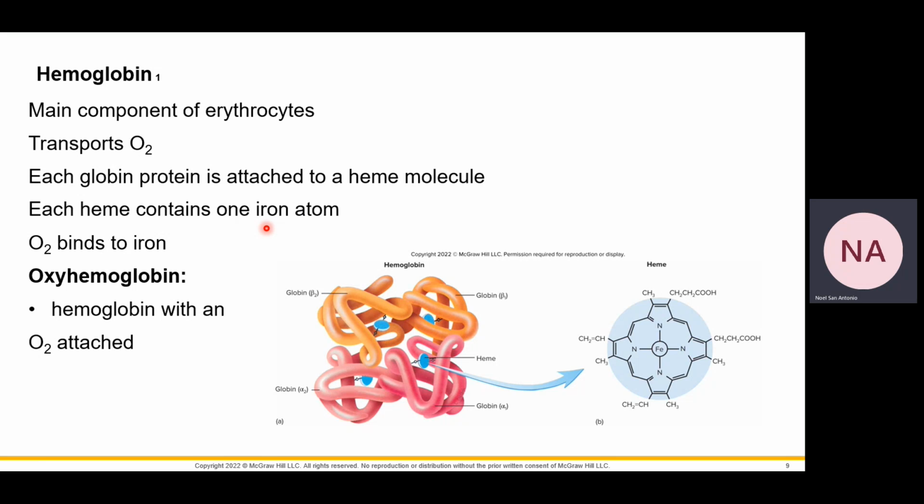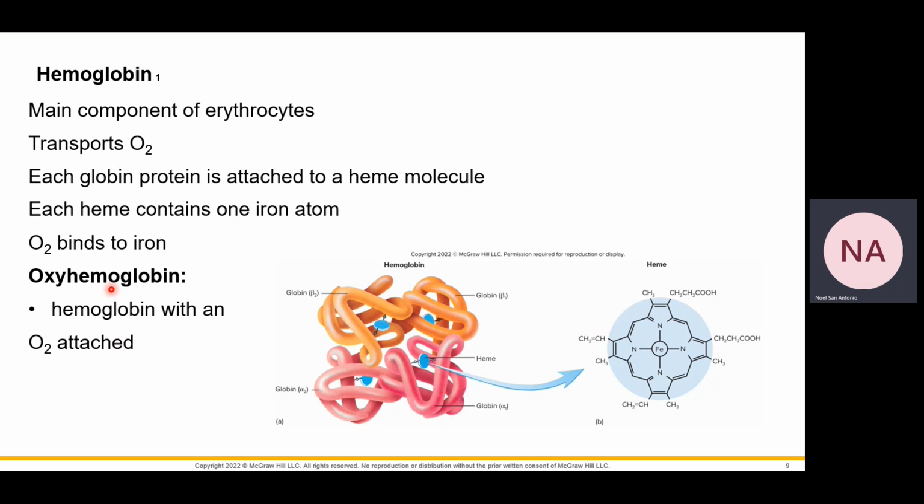That is why we have what we call iron deficiency anemia, wherein you have a normal red blood cell count, but inside your red blood cells, you have a deficiency of hemoglobin. That is called iron deficiency anemia. So once oxygen binds to the iron in the hemoglobin, it is now called oxyhemoglobin.